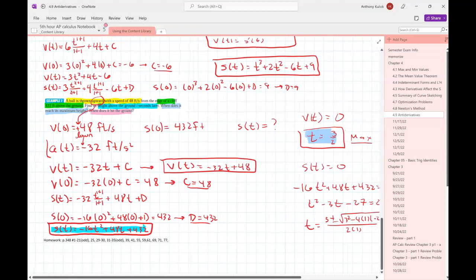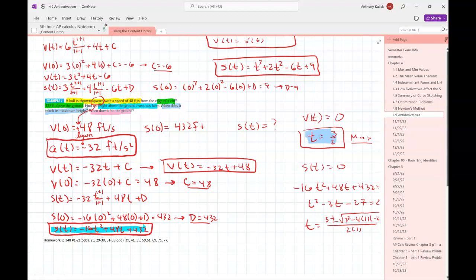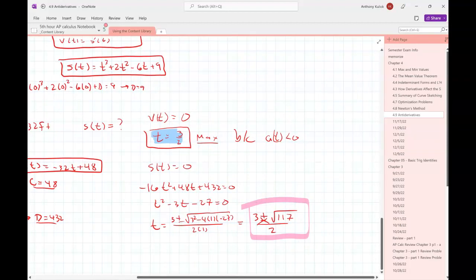So my functions, I have a of t equals negative 32. I have v of t is negative 32t plus 48. I have s of t equals blah, blah, blah. So those are my acceleration, velocity, and position functions. If I'm doing the second derivative test, what I want to know is where the derivative is equal to 0 and compare that with what is going on at the second derivative at that value.